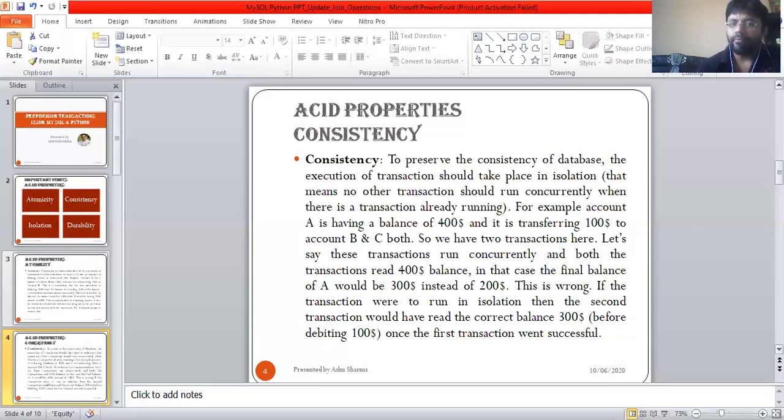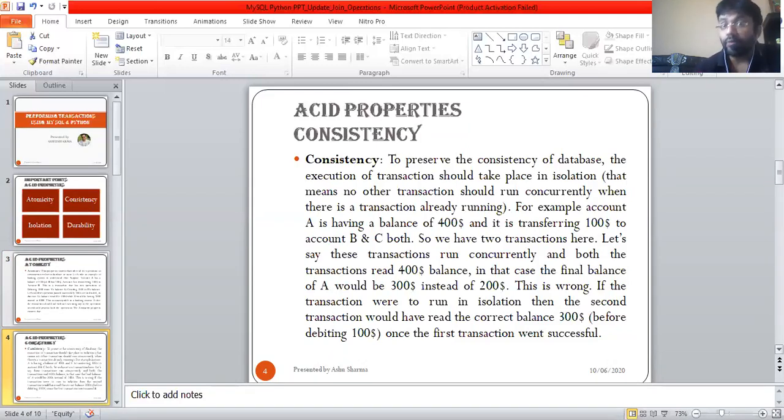Then for transferring money to account C, it reads that $300 is left, and if $100 is debited from there, it remains with $200.